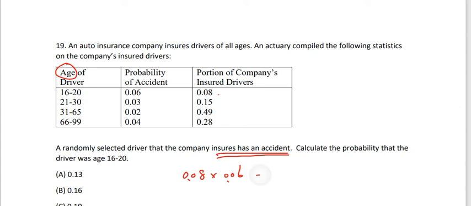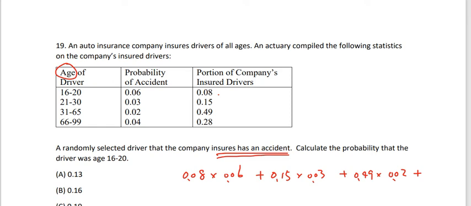Then for those people, 49% are between ages 31 to 65, so for them it is 0.02, right?